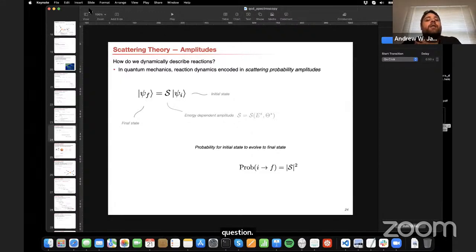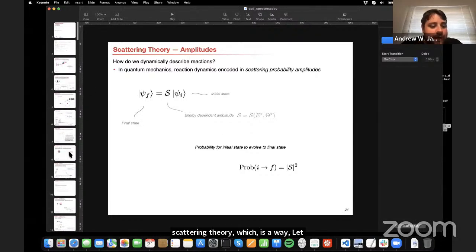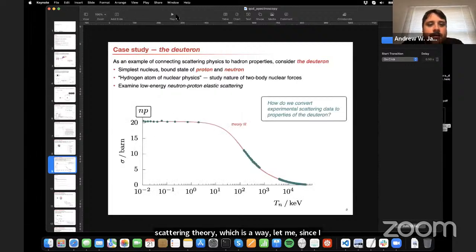So last time we discussed the basics of going into scattering theory. Since I didn't create a summary slide, let's just start from here.